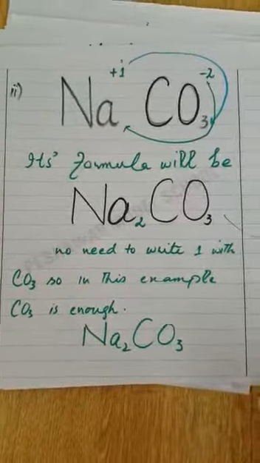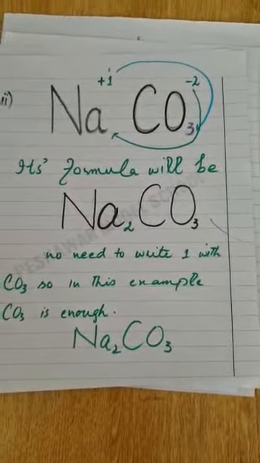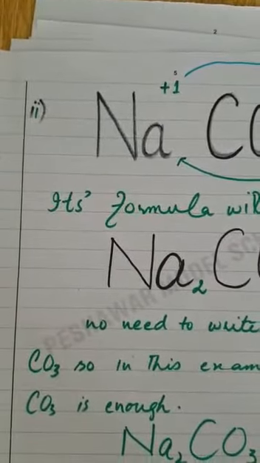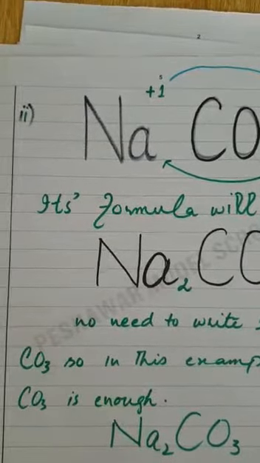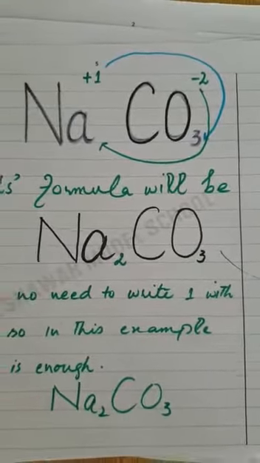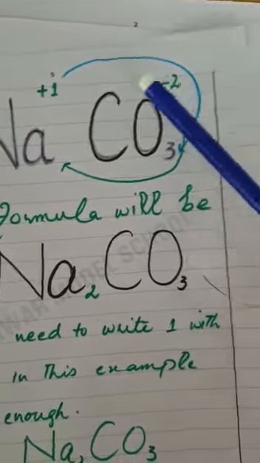Here we have the second example, sodium carbonate, which is also known as washing soda. This is the chemical formula of washing soda. We have the sodium ion with the positive valency. The valency is written on top of the symbol, and we have the carbonate ion with the valency -2. What we will do, we will cross the valency of the negative ion with the positive ion.